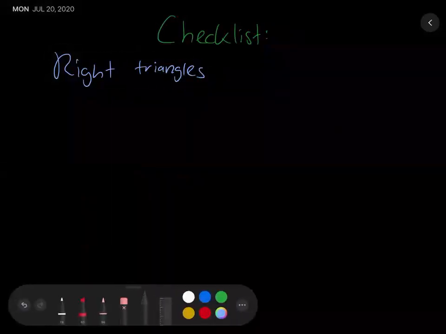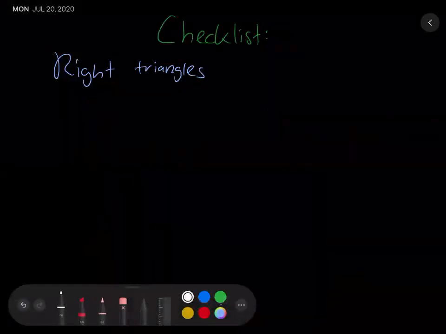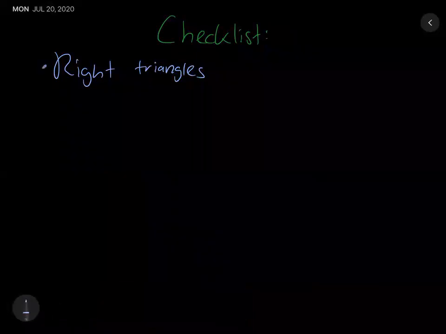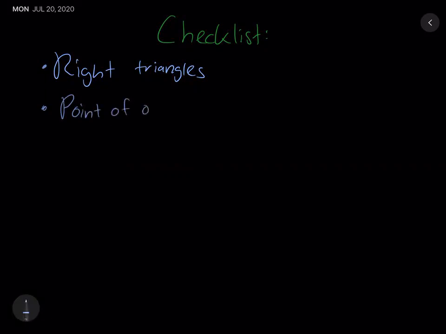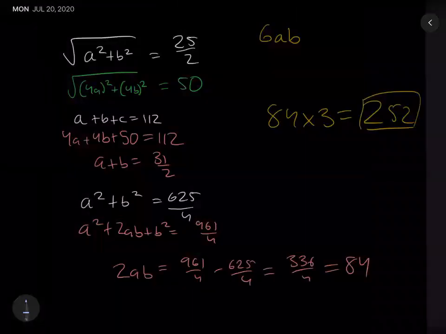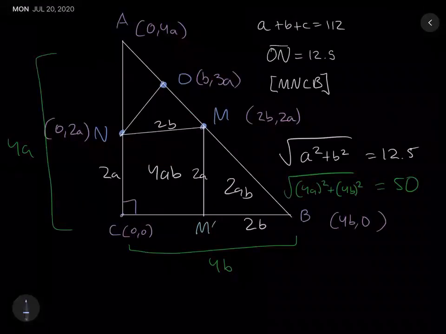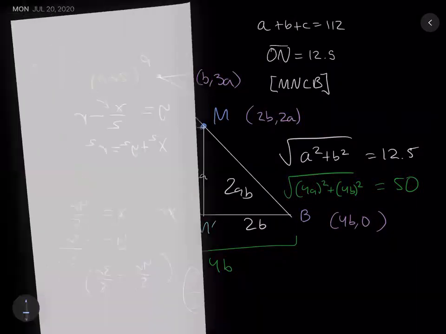Another thing is if there is a point of origin, where you can assign a point that makes the math a lot easier if you make it the origin. For right triangles, it's typically the right angle, which is another reason why right triangles are so nice.